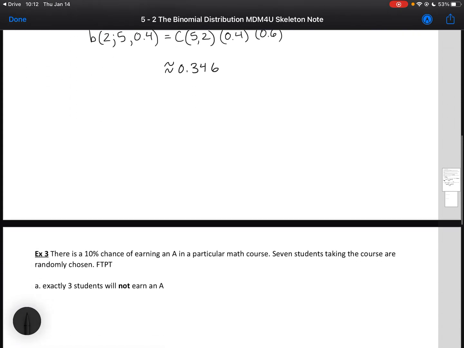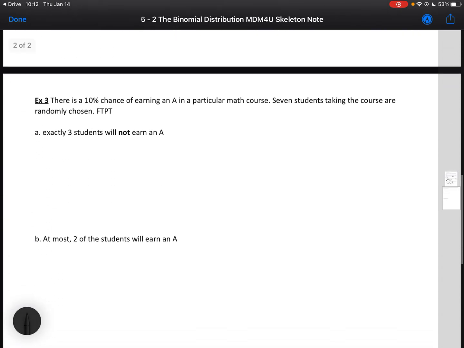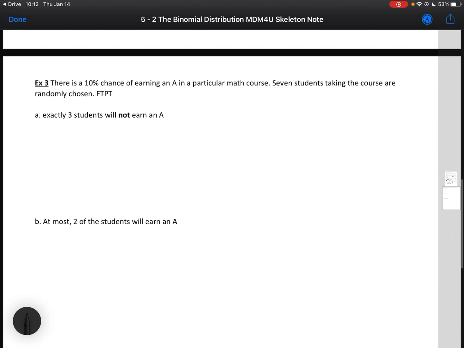Now we're going to do one more example here, a little bit more complicated because of the language in the question. But we know there is a 10% chance of earning an A in a particular math course. So that is our probability of success, which also tells us our probability of failure, or our q value. 7 students taking the course are randomly chosen.